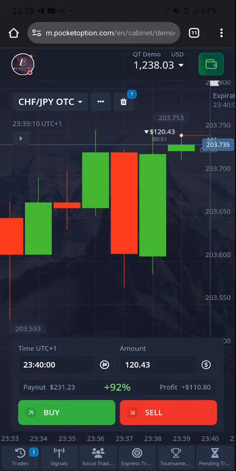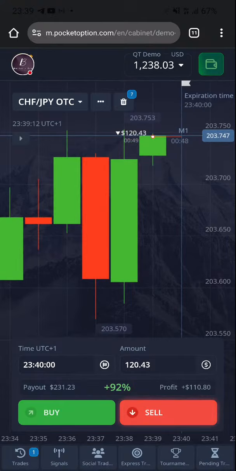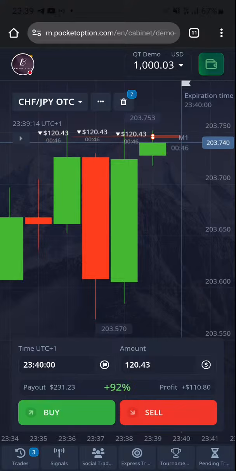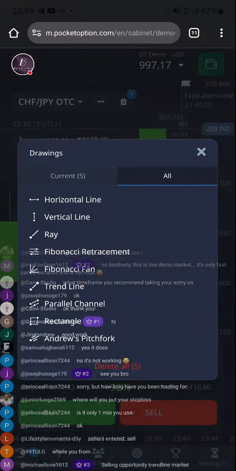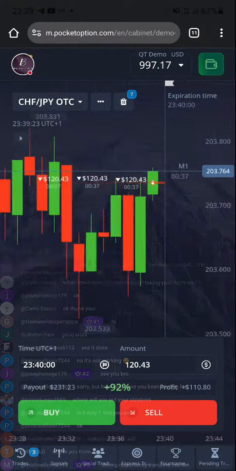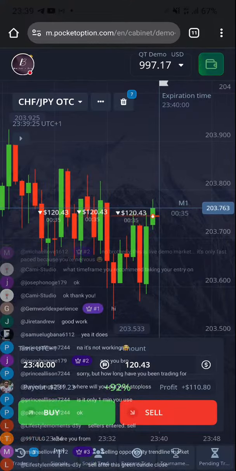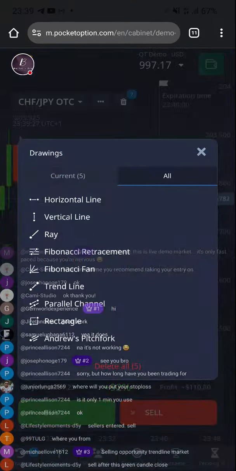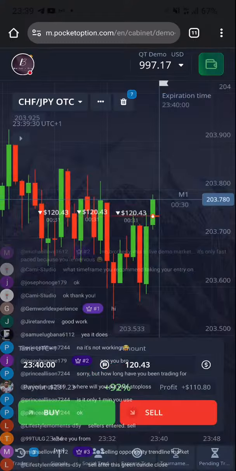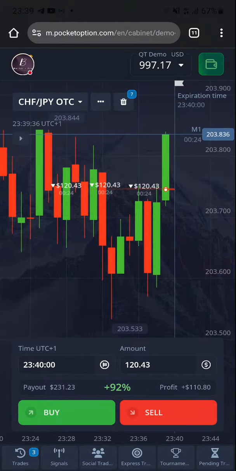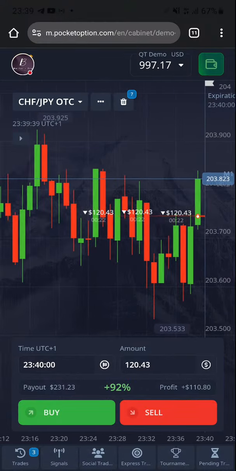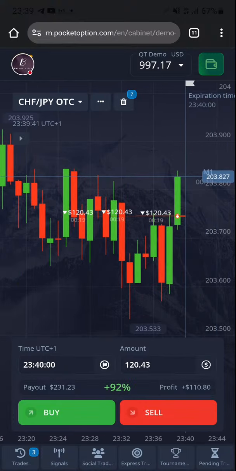I'm expecting a red candle. Yes. Okay, let's give us the red candle now. Yeah, it's a sell opportunity actually. We have a red green pattern, and I'm expecting a sell. Okay, let me see if there is a reason why we can still go with the sellers after this.